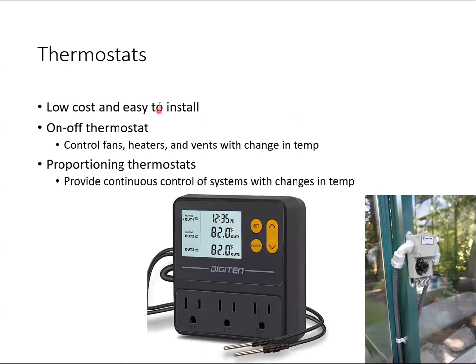So thermostats, there's a couple different kinds. There's on-off thermostats and then proportioning thermostats. Of course the on-off are low cost, the proportioning are a little bit more expensive. Essentially the on-off is a really simple system where you set an on period.